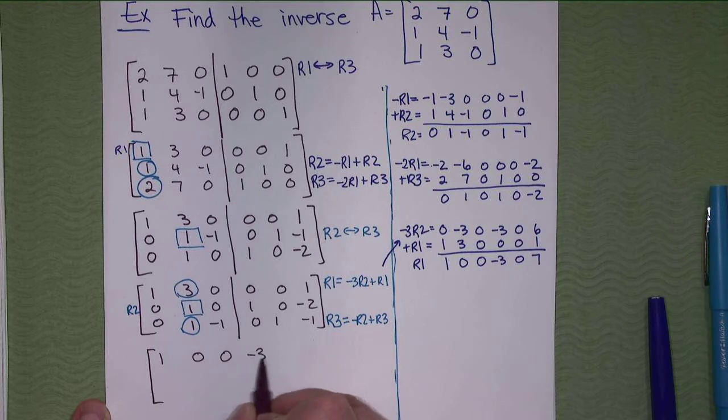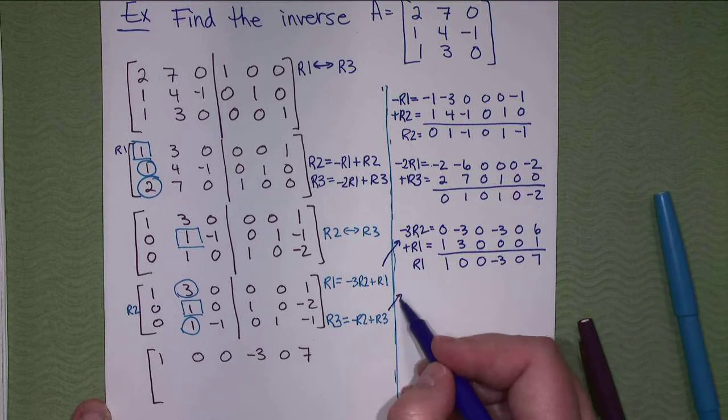And our next step, minus row 2, so that's everything in row 2 changing the signs.